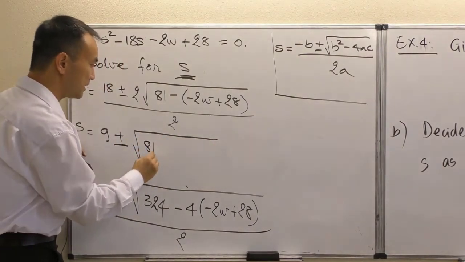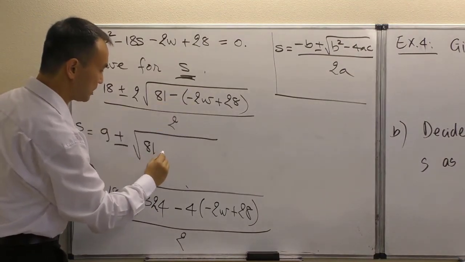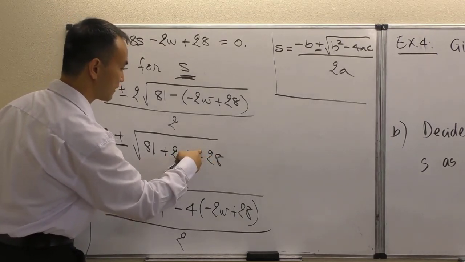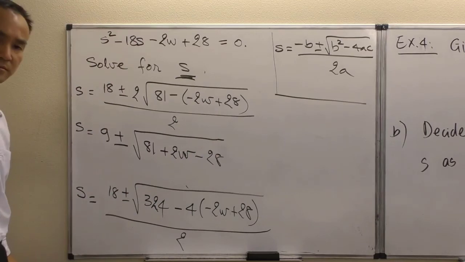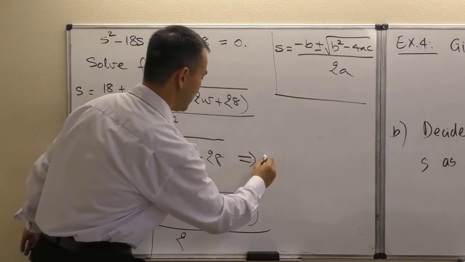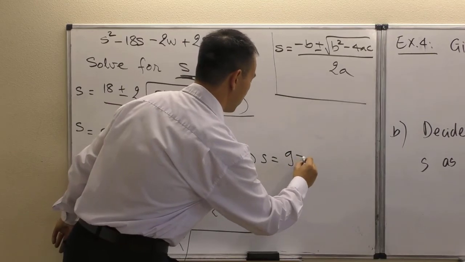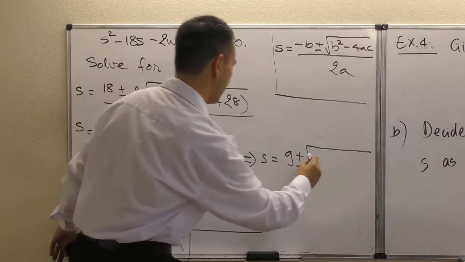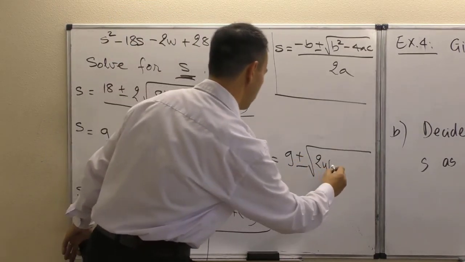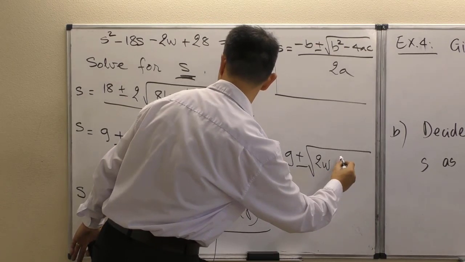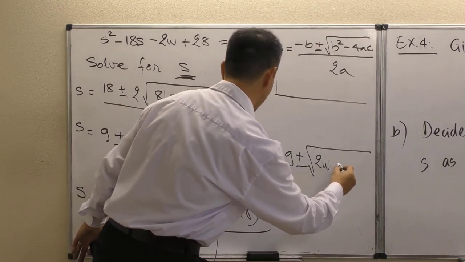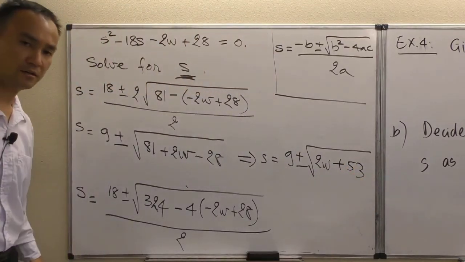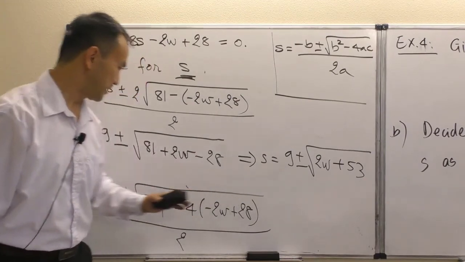So 81 minus negative 2w becomes plus 2w minus 28, and that comes to S equals 9 plus and minus the square root of 2w plus 53.